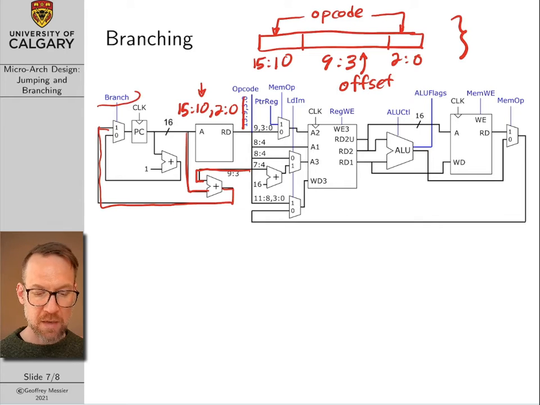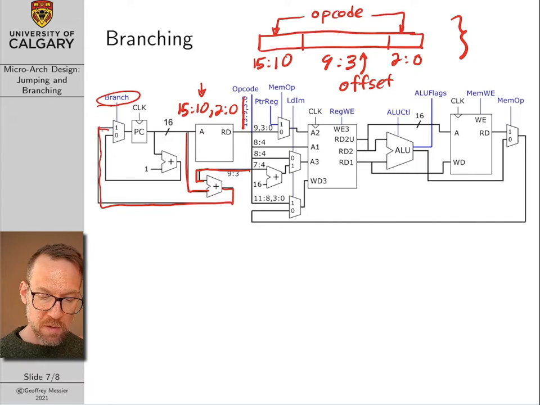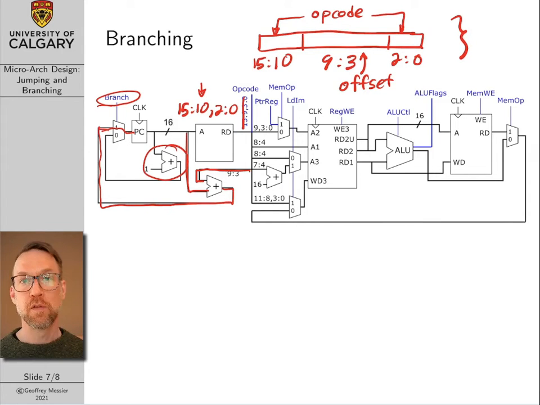We then add a branch control signal and a multiplexer. So if branch is equal to 1, we update the program counter with the program counter plus the branch offset. And if branch is equal to 0, then we just use the next instruction in sequence, just like we always did.